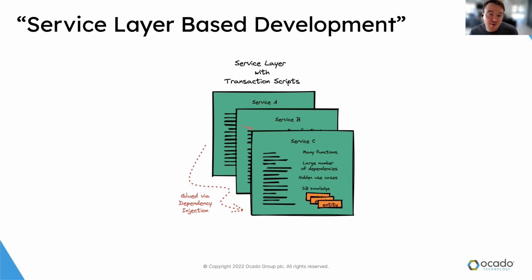And it's common to see in these services multiple functions, many public functions, and even more private functions, because everything is done there. Large number of dependencies, large number of collaborators. The use cases of the software become hidden because, well, you see a public function being called from a controller, but this public function can also be called from another public function in another service.